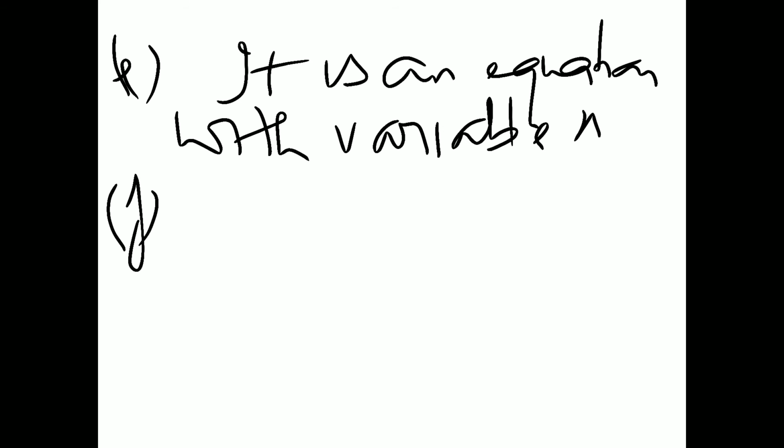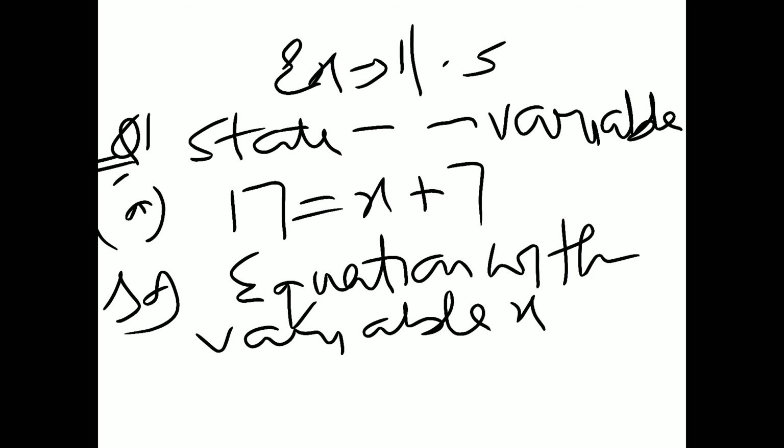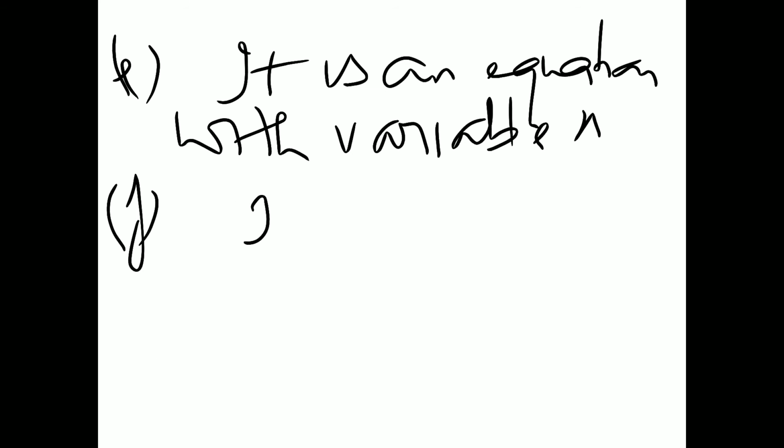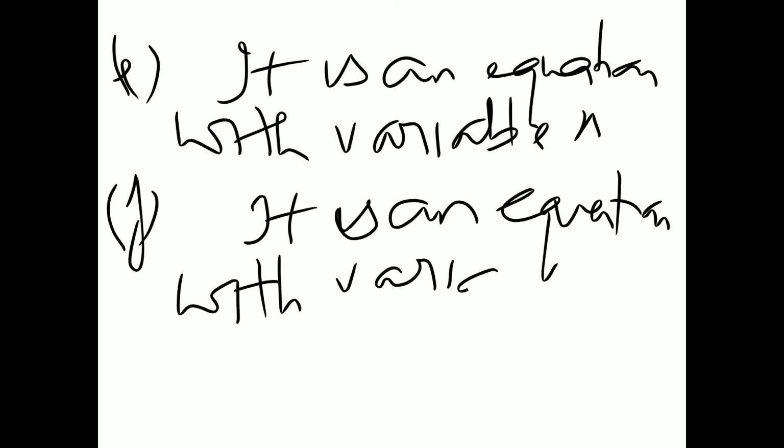Okay. Now we do F part. Is F part an equation? Yes, you write: it is an equation with variable x. I am writing only the answer. The question you can see from the book. Clear?